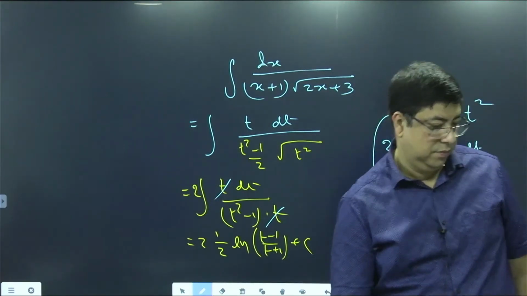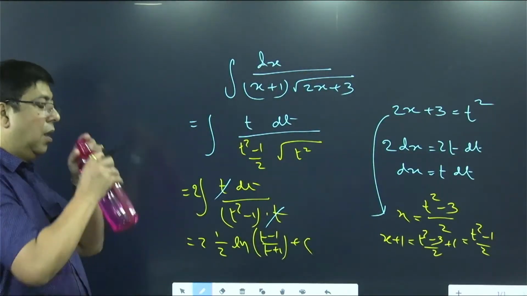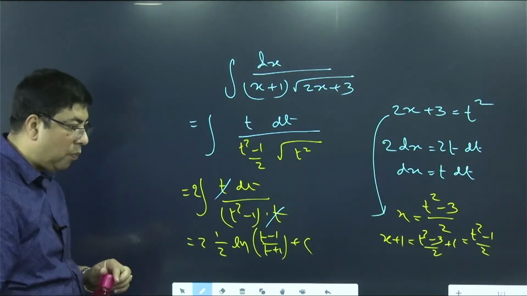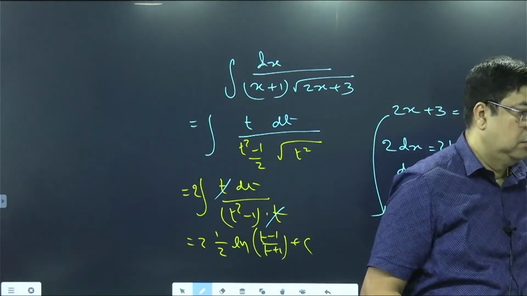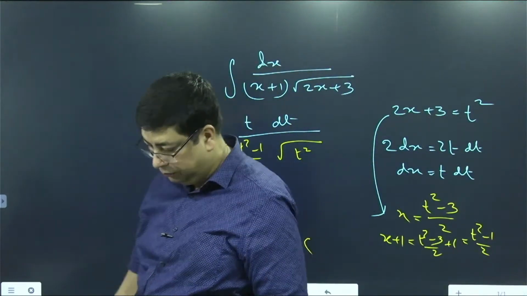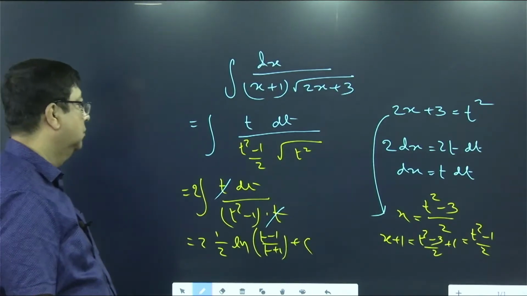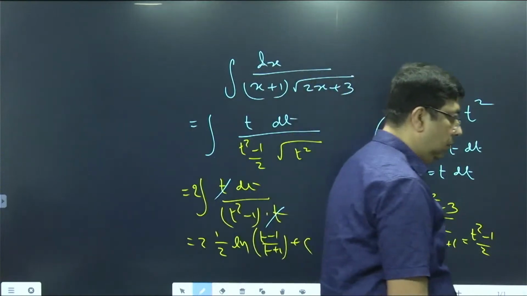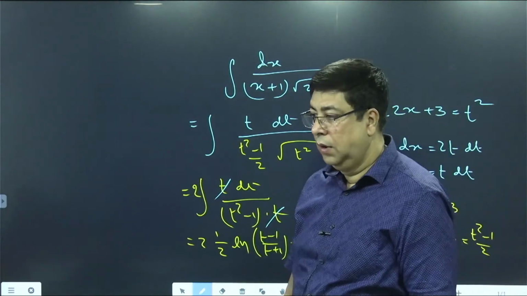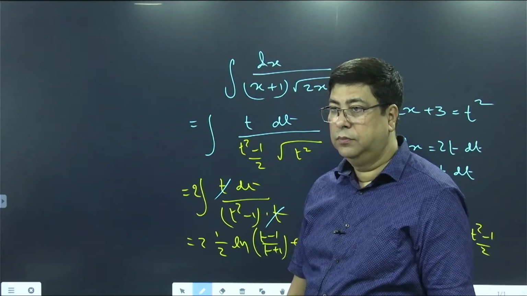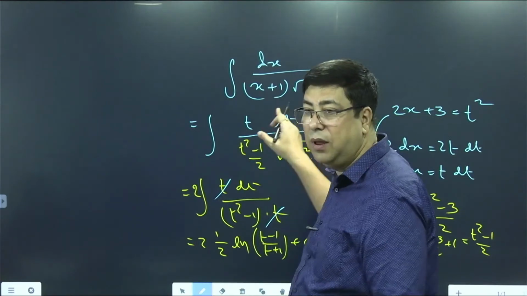Write down this, I am waiting. Just write the short part: outside linear, inside equal to t square.